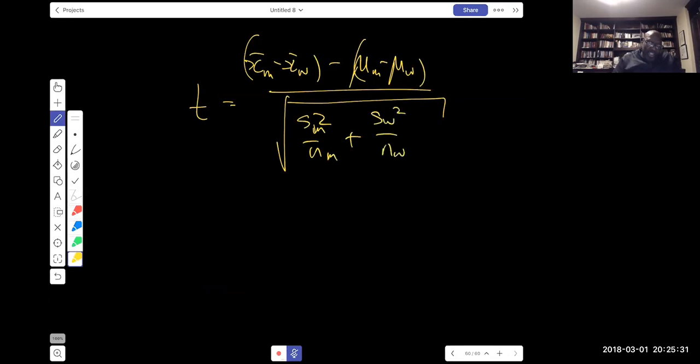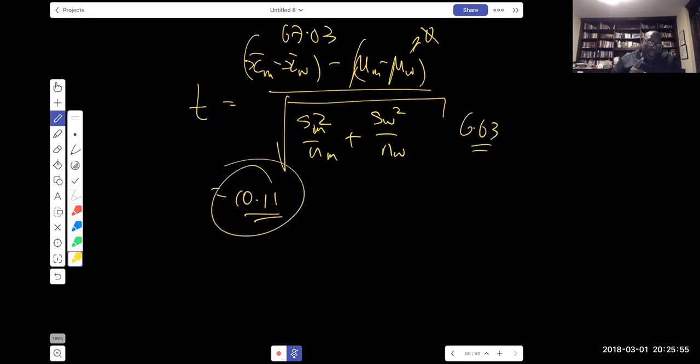Actually, what's interesting is that this will still be 10.11. Why? Because I just called the same values S instead of sigma, but all the numbers are still the same. This will be 0, this will be 67.03, and this will be 6.63. So nothing will change.